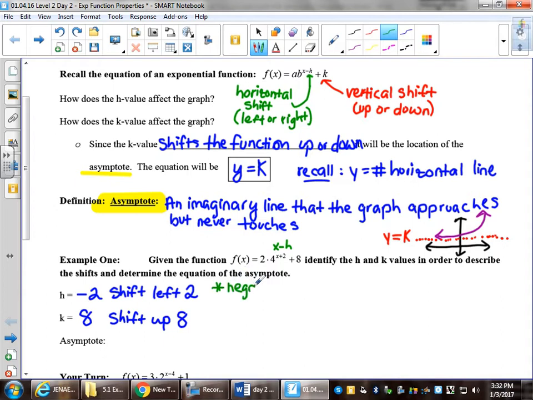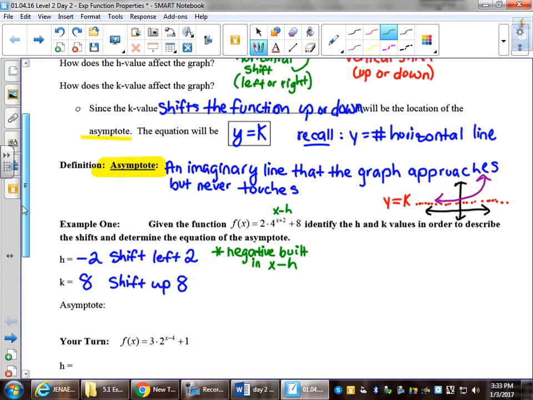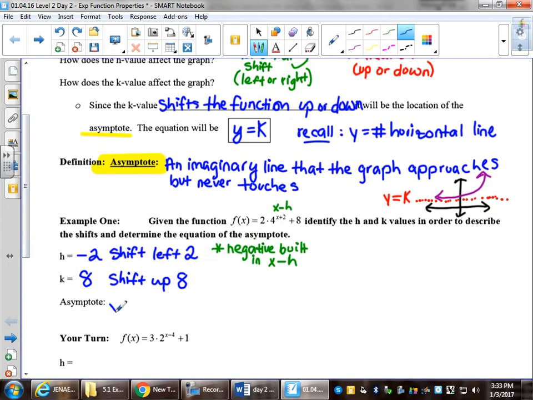Negative built in. x minus h. There's a built-in negative right there, if you weren't sure how I got that negative. Our asymptote comes directly from k. So if k equals 8, that means that y equals 8 is the equation of my asymptote.